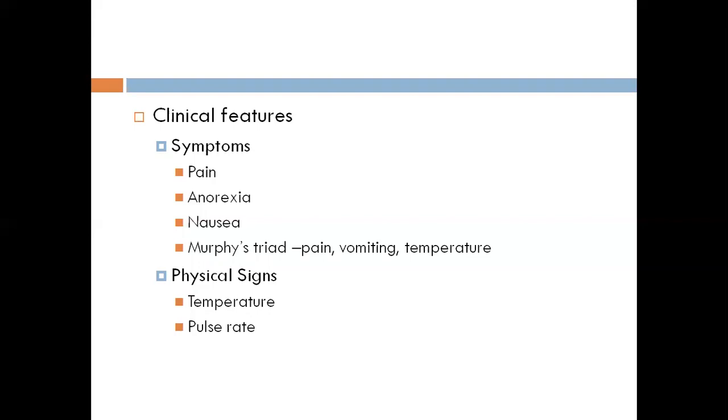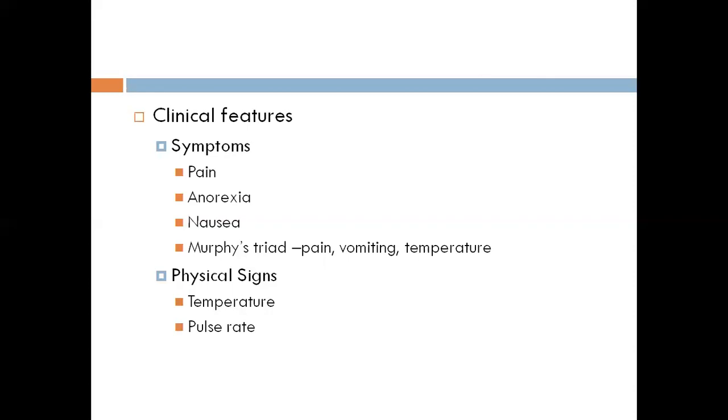Let's see like this. There is a closed loop obstruction, which produces normal secretion of the appendicular mucosa, means it increases the secretion and then produces distension.